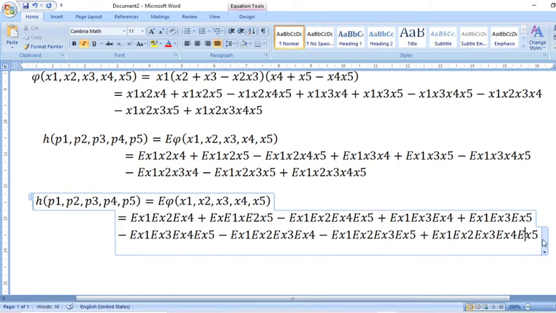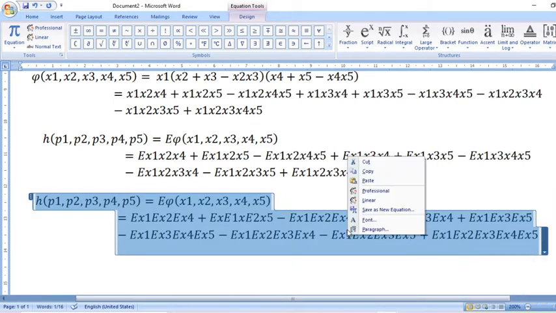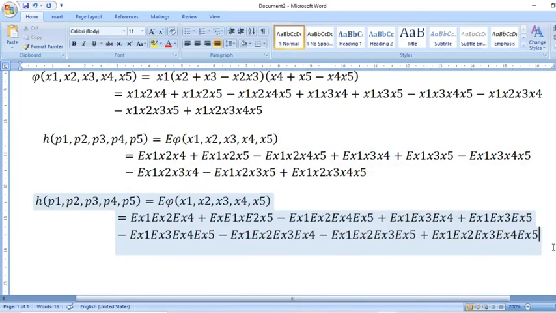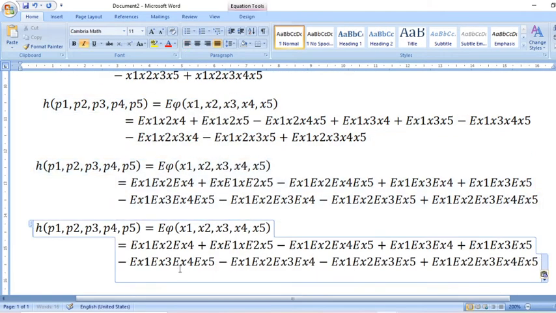What is the expectation of xi? That is actually pi. So we can put p here.